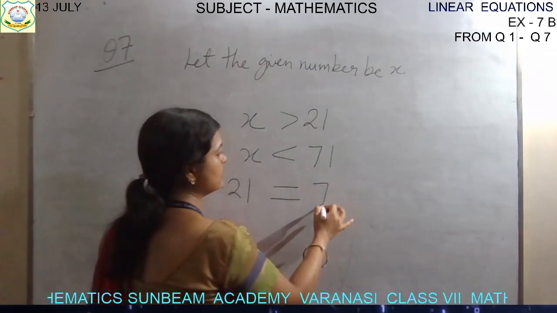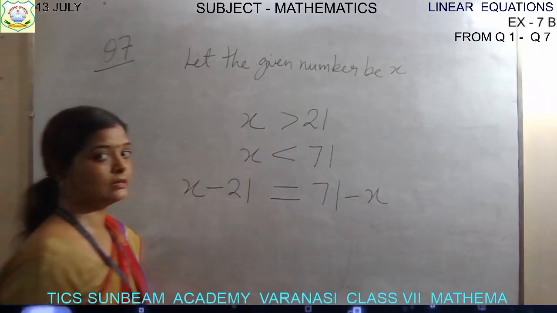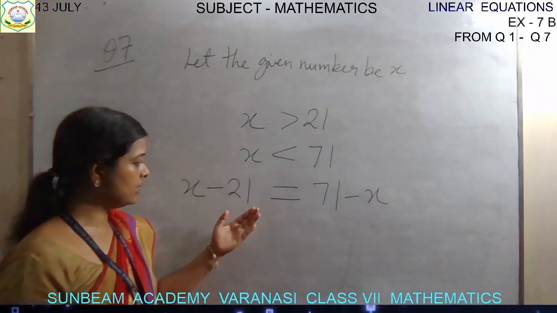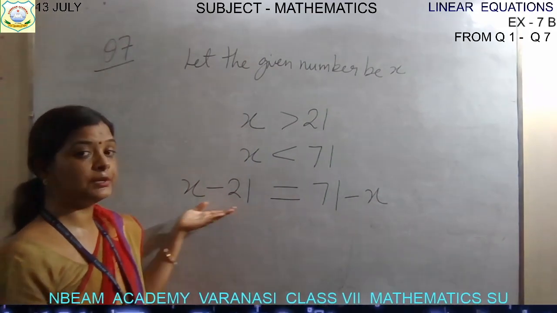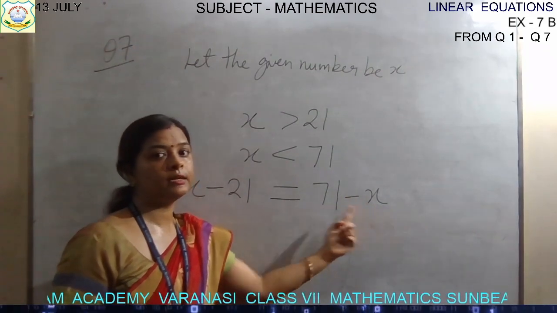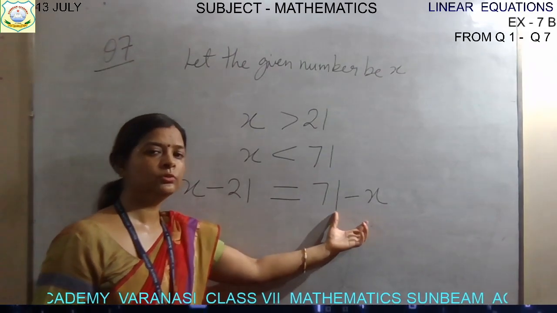So if you write 71 and subtract x, what will you get? See, you are getting your question. Whatever answer comes here, it will be equal to that side also.